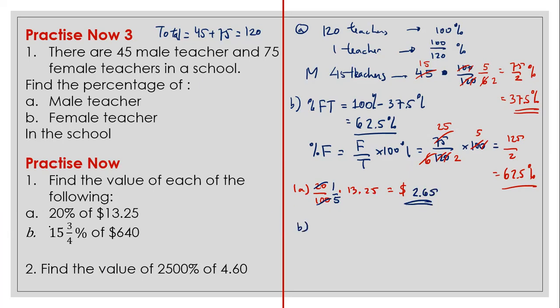B, oh, what the heck is this? 15.3 over 4. Again, you have to change this into decimals or into a mixed or improper fraction. Okay, we have 63 over 4 percent. Percent means over 100, right? Or times by 100 over 100. As simple as that. So 63 over 4%, this is representing percent here, and you multiply by 640.